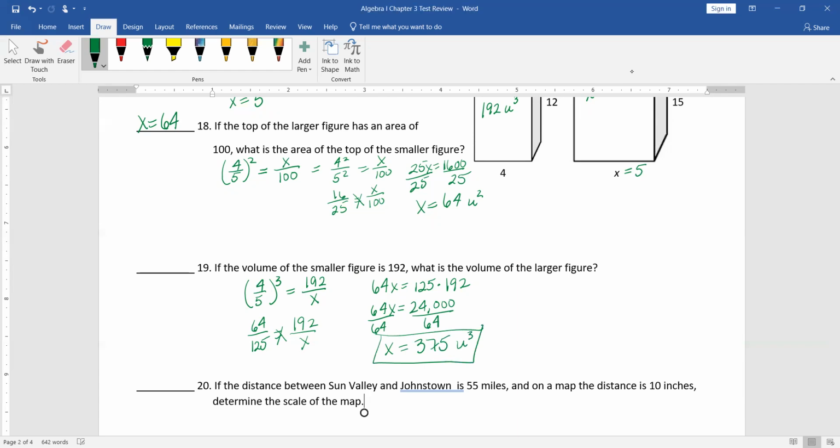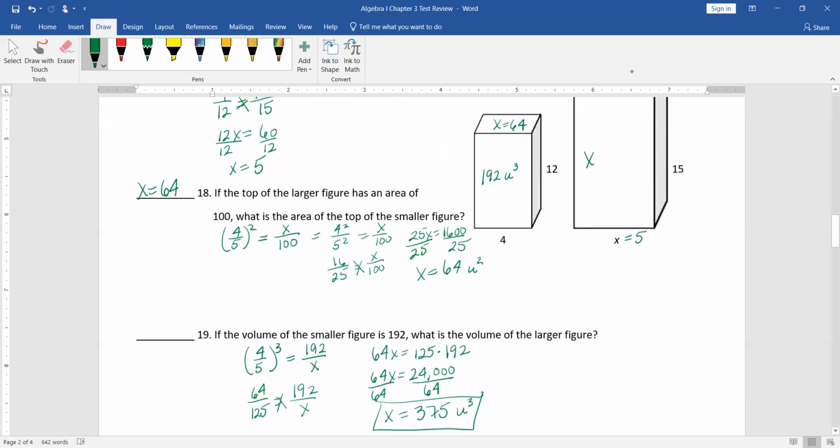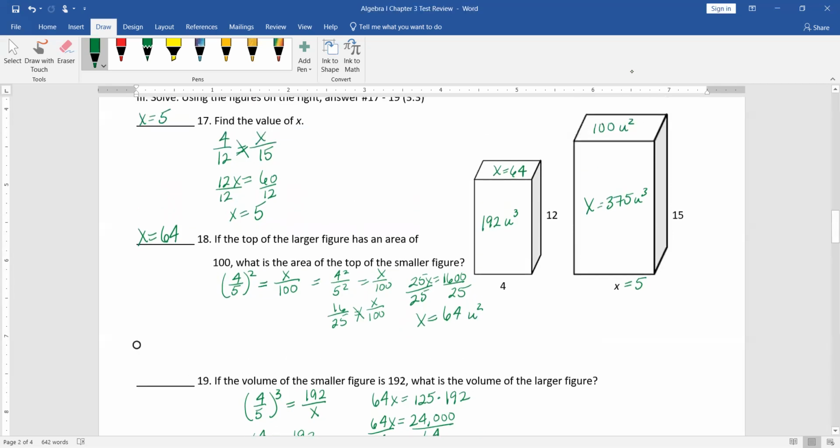All right, if you are not sure that your answer is correct, think about this logically. Use your figure. I say this one is 375 units cubed. The smaller figure is always going to have smaller areas and smaller volumes, right? So if you calculated it and maybe got your fractions upside down or not set proportionally, then you're going to get a weird answer.